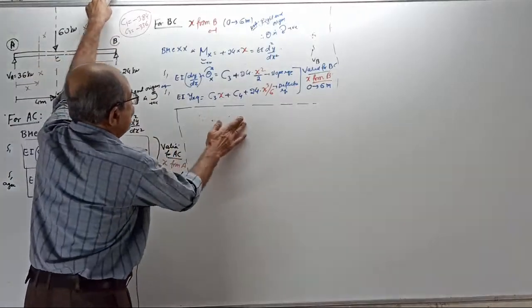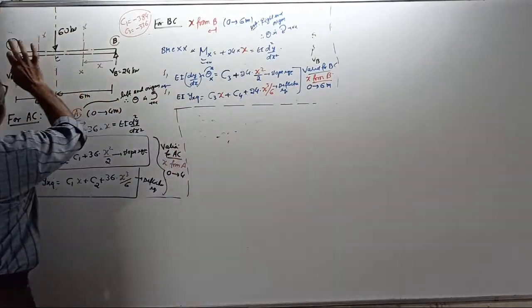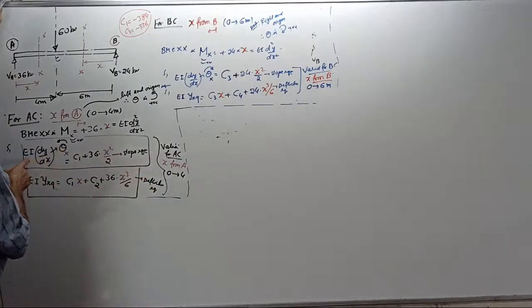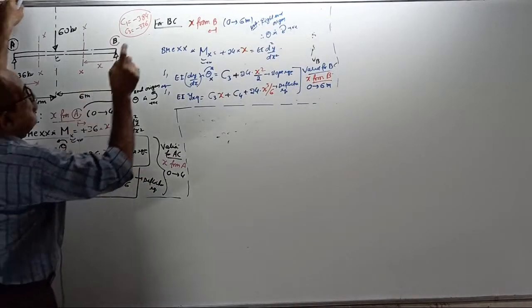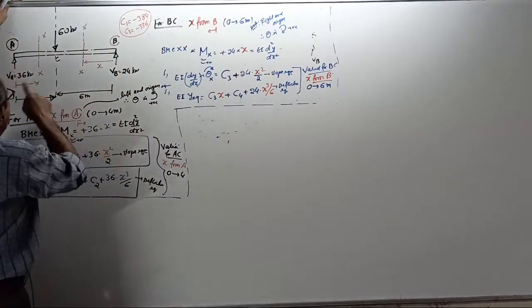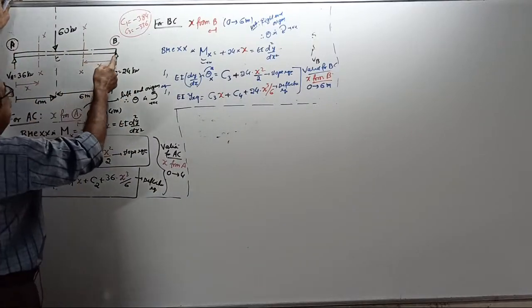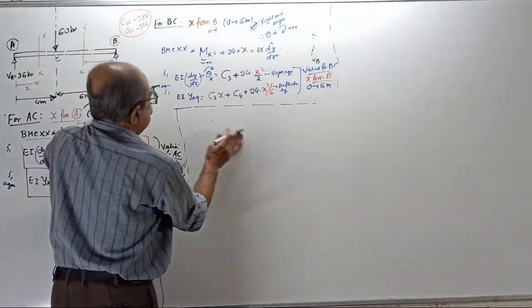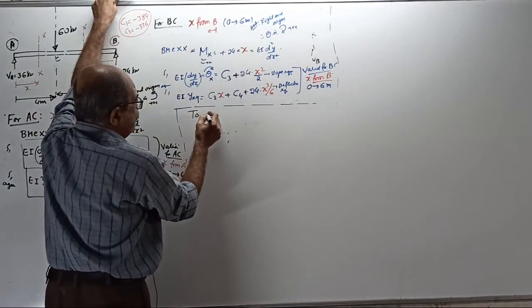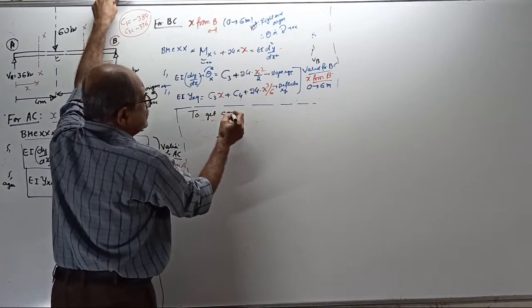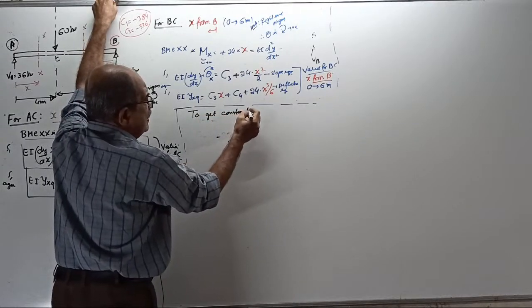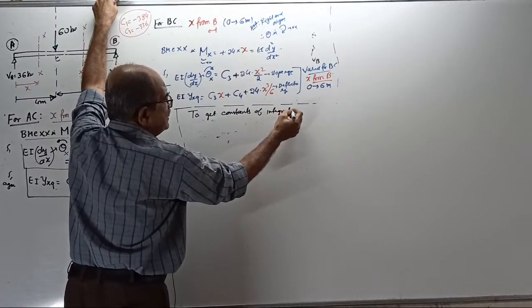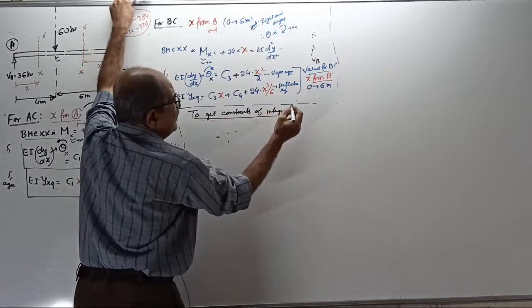Okay, start. Now, see, for AC, the equations for slope and deflection are over, remember, I wrote here. For BC also, for AC, X from A, for BC, X from B. Okay, now very, very important. To get, see, this is where you have trouble. Constants of integration, that is what?